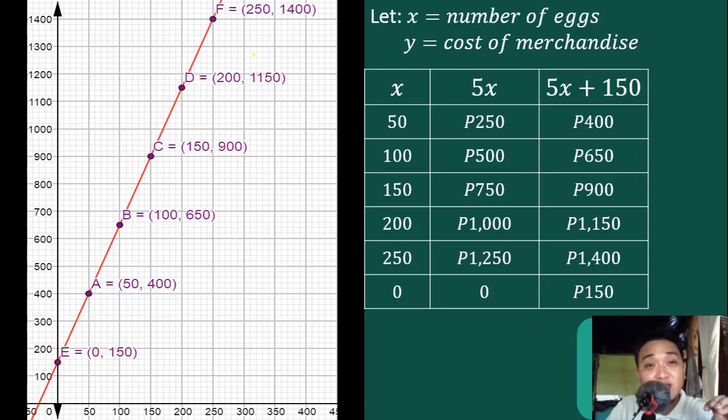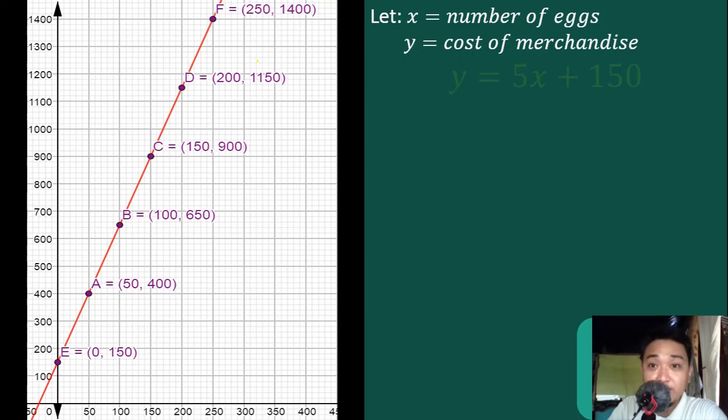Pagka zoom out pa nga natin yan, mas makikita pa natin yung ibang denominations or yung ibang ordered pair niya. Now, itong problem po natin is denoted by y is equivalent to 5x plus 150. Ito po yung naging linear equation po natin, or yung naging linear function po natin, ganun po.